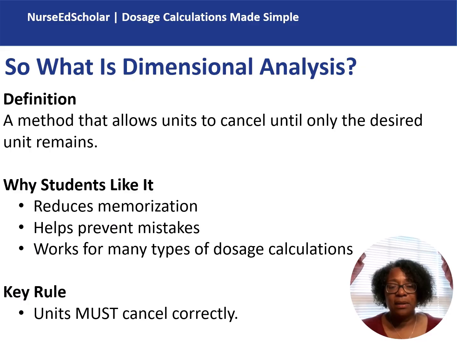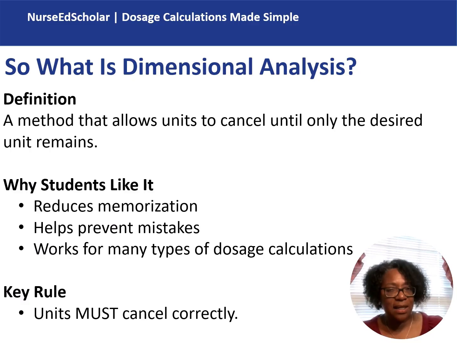So what actually is dimensional analysis? It allows the units to cancel, so you'll have the desired unit left, which is what I just explained. Students like dimensional analysis because it reduces memorization. It prevents mistakes because you're canceling things out, and it works on a lot of different types of calculations.